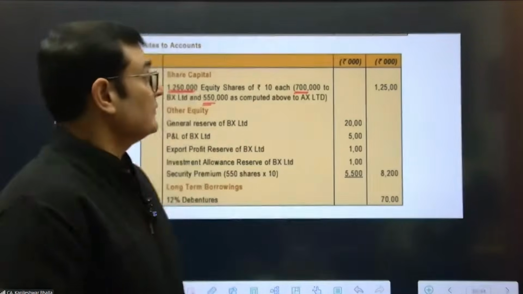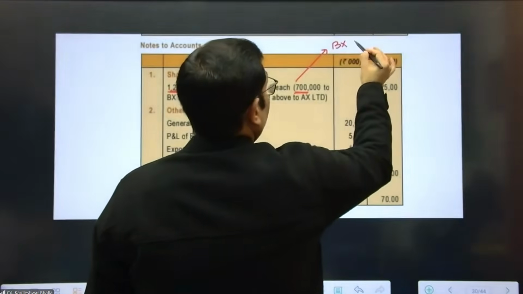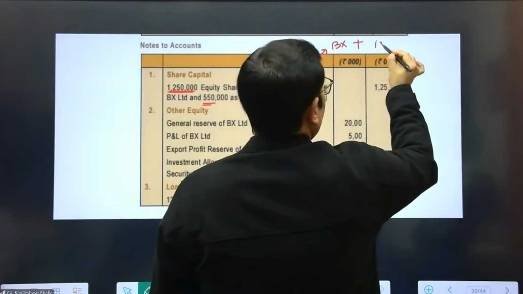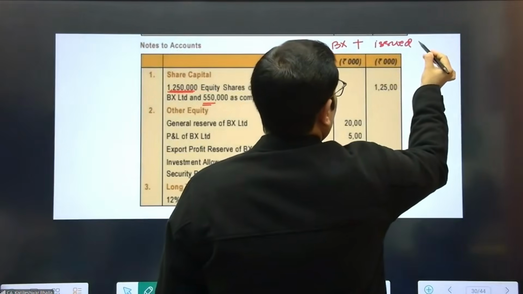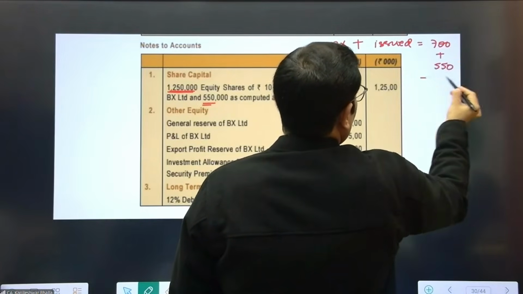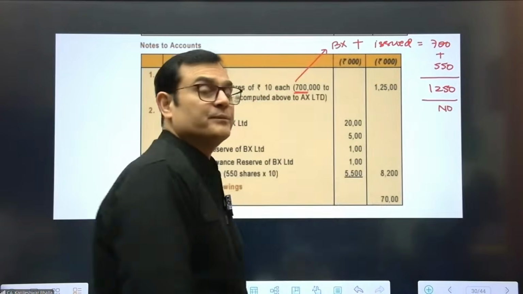So when I present the number, I will consider the accounting acquirer itself. It is when the new entity is created. So these are the existing shares of BX and the further shares which are issued, to the extent of 550. So 700 shares plus another 550 shares makes a total of 1250 in terms of number.